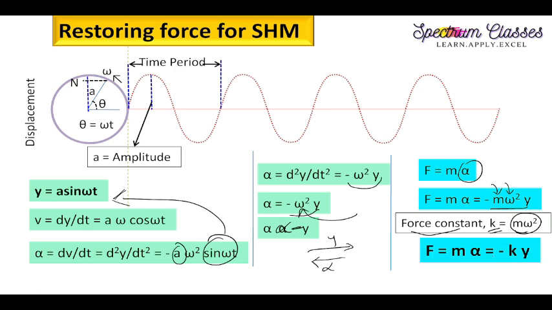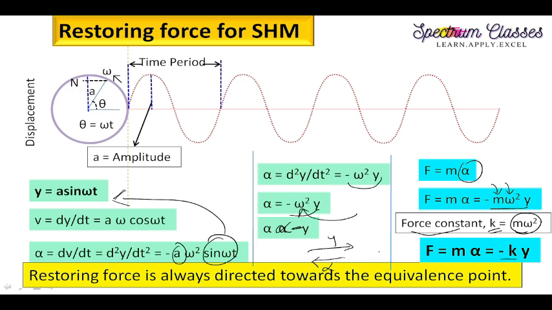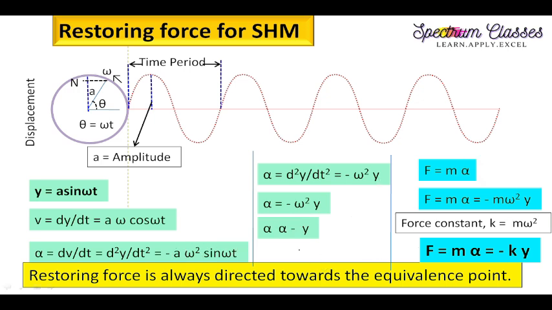And this can also be written like this: F is equal to m alpha, equal to minus k y, because this is replaced with k. Here we can see F is proportional to minus y, because k is constant. It means the force imposed on this particle is in the opposite direction to the displacement. Therefore this is called restoring force, right?